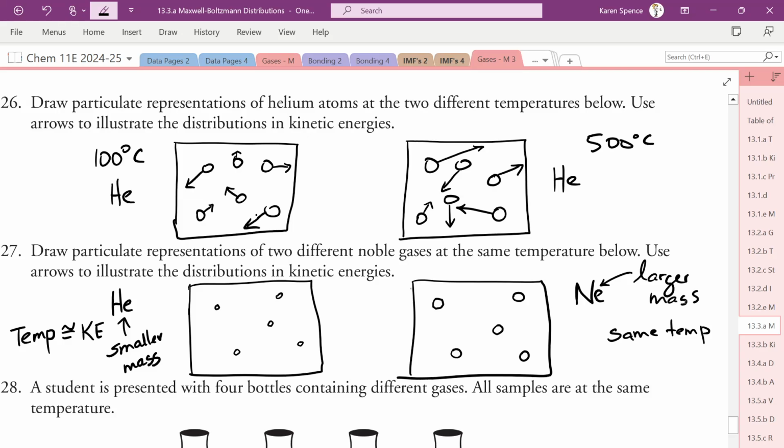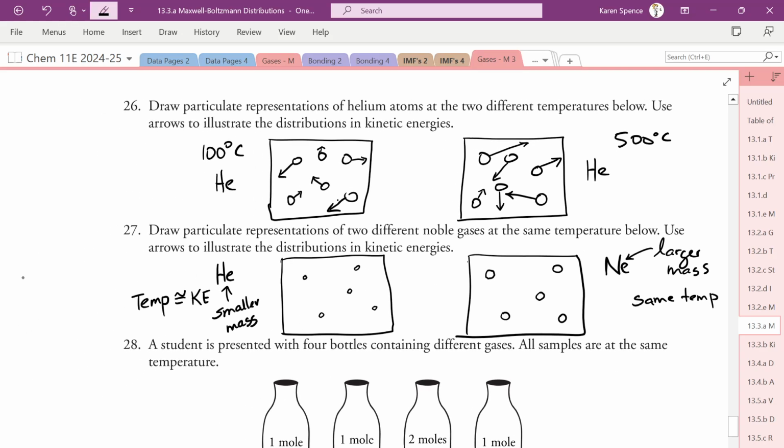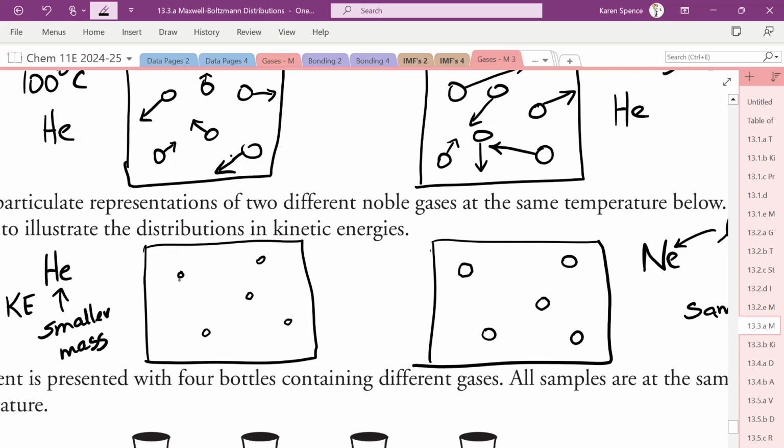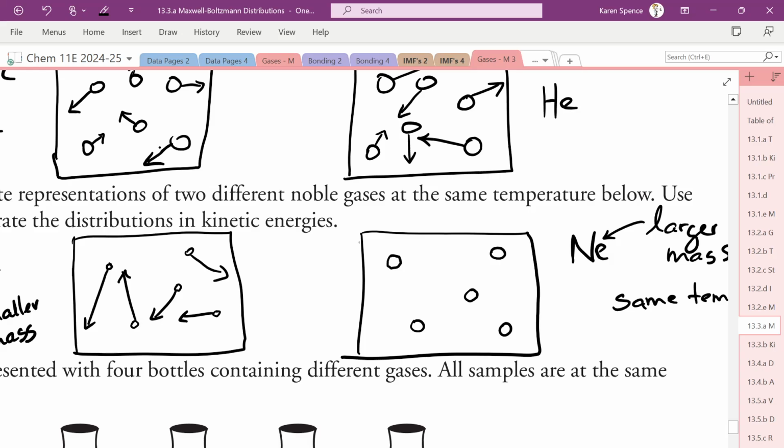So that means that the velocity, because kinetic energy is equal to 1/2 mv squared, if our mass is smaller, our velocity has to be bigger in order for the kinetic energy to equal the kinetic energy. So helium has to be moving faster, and the neon needs to be moving slower.